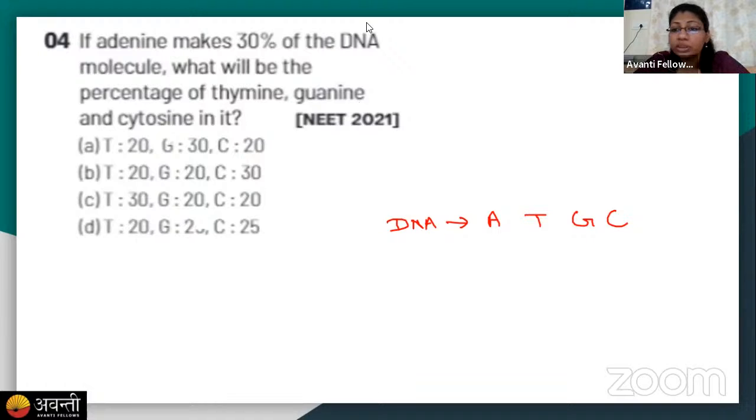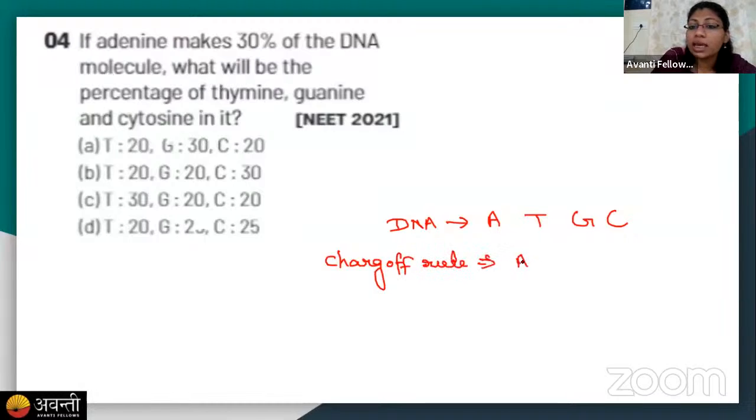Okay, great. So everyone has given the answer, and you can see they have opted for option C. Let's find out which option is correct. Okay. So we are well aware of the Chargaff rule, right? The Chargaff rule says A plus T plus G plus C is always making 100%, where the AT or GC ratio is always 1.